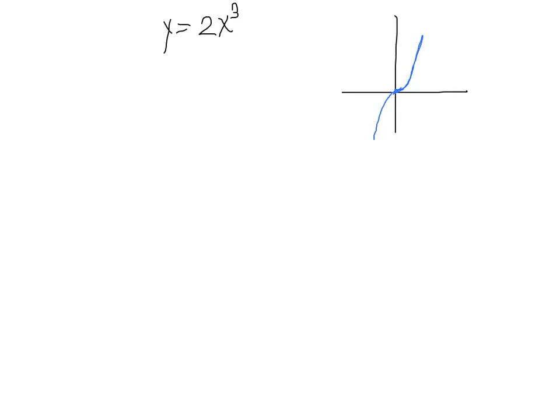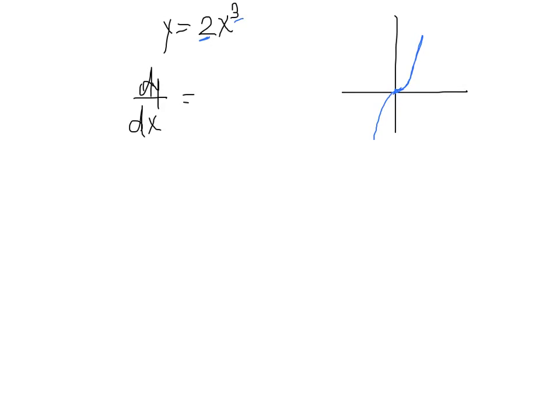All right, so now in order to figure out the slope anywhere on this graph, we would have to differentiate. So when we differentiate, again, remember our notation says dy over dx. That's just saying when we differentiate, what we get is. So remember, to get the new coefficient, we need to multiply our exponent by our coefficient.